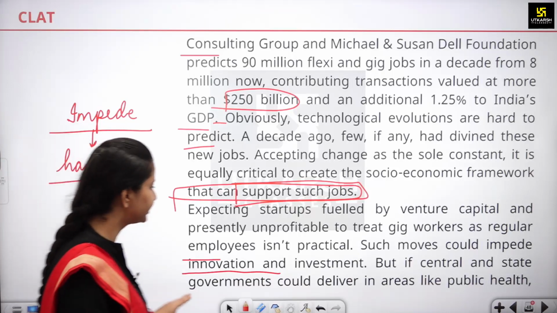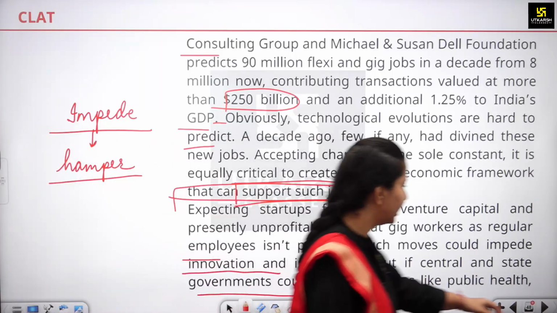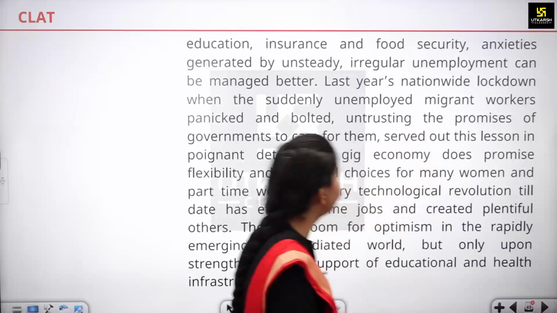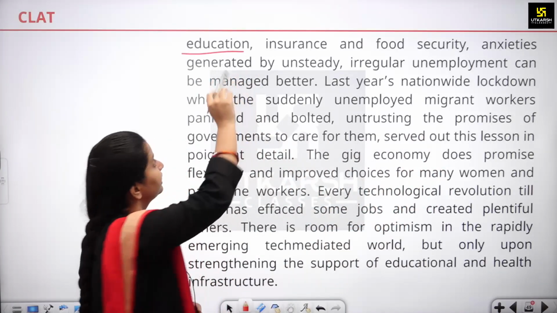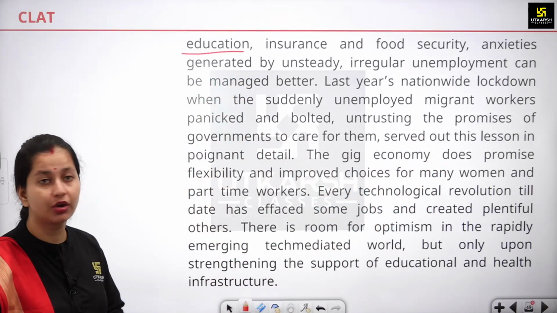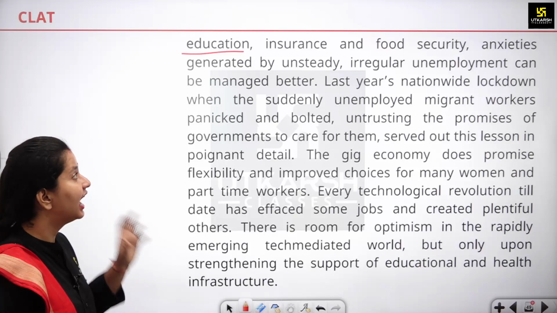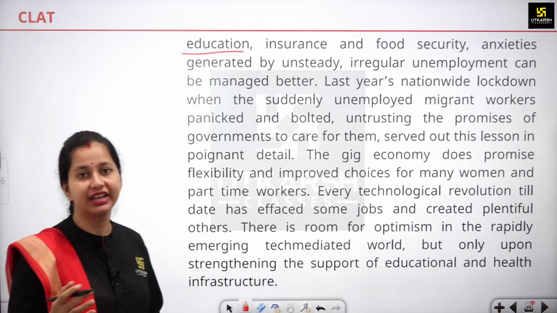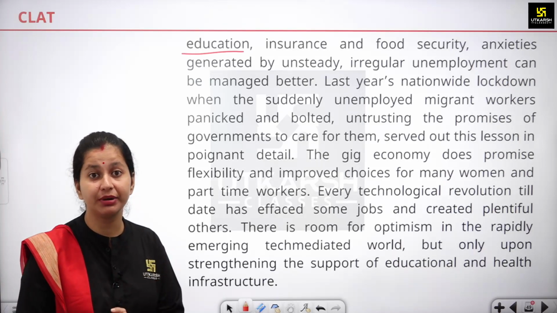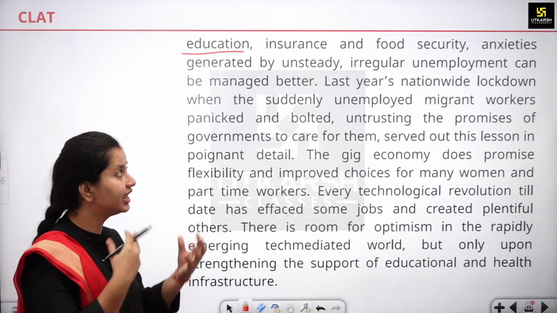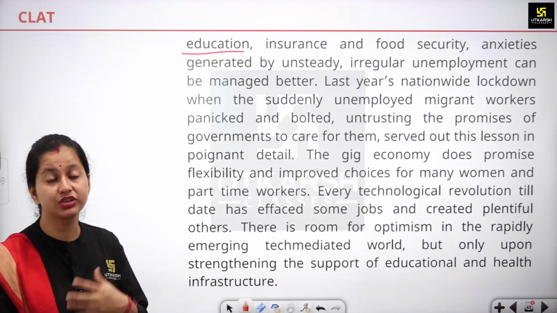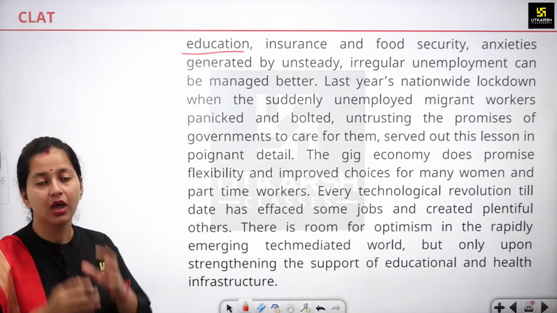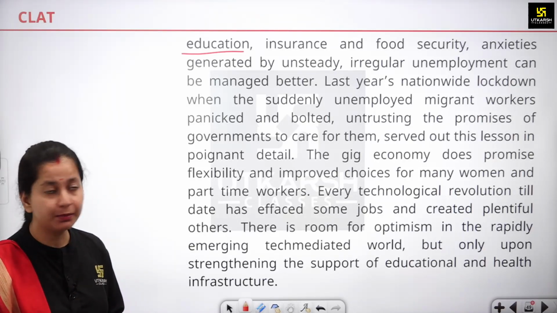But if central and state governments could deliver in areas of health and public education, insurance and food security, anxieties generated by unsteady, irregular employment can be managed better. But if the state and central governments help, then the fears and anxieties caused by irregular employment will get a lot of help.